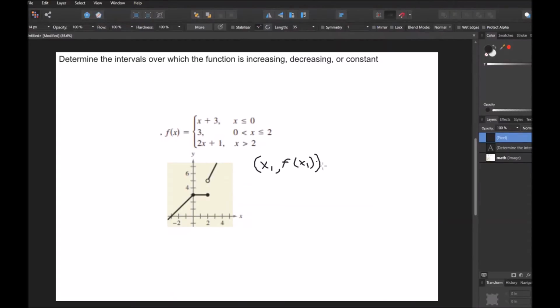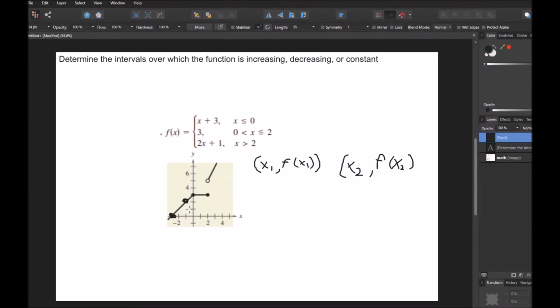It's the function evaluated at x1, which would correspond to a y value on the graph. And let's say my other point is x2 and f of x2. Let's say this point right here is going to be my x1, f of x1, and this point is going to be x2, f of x2.